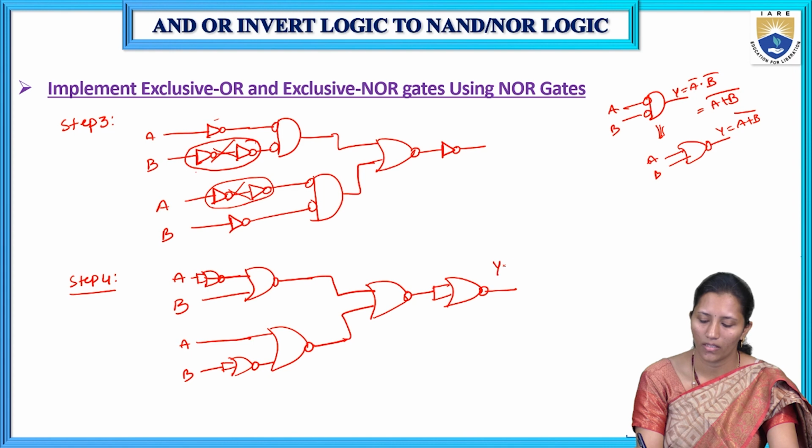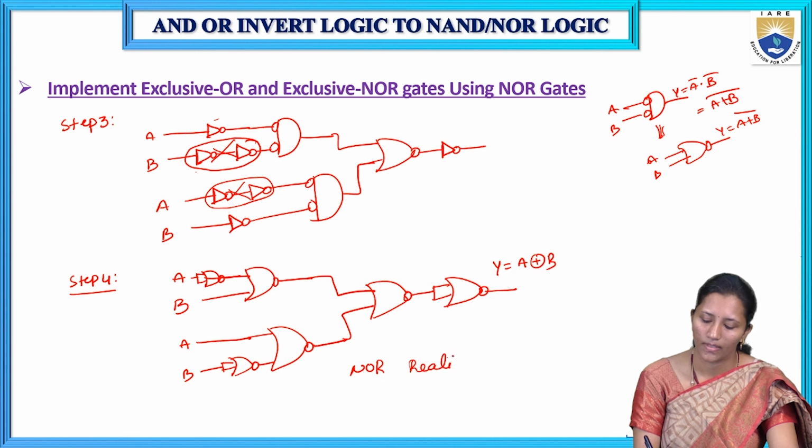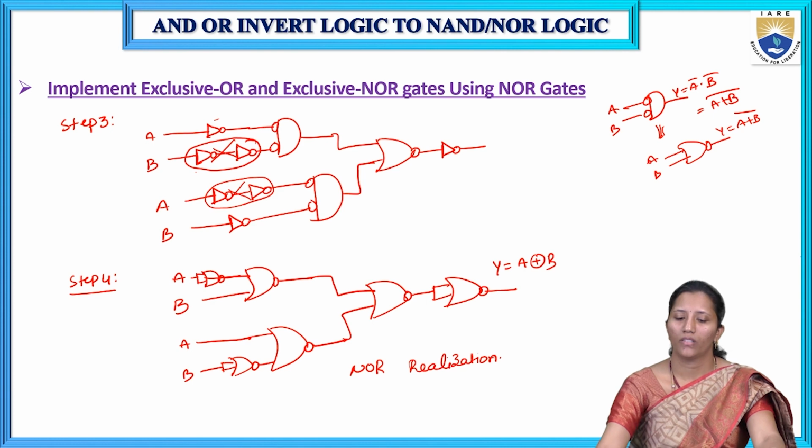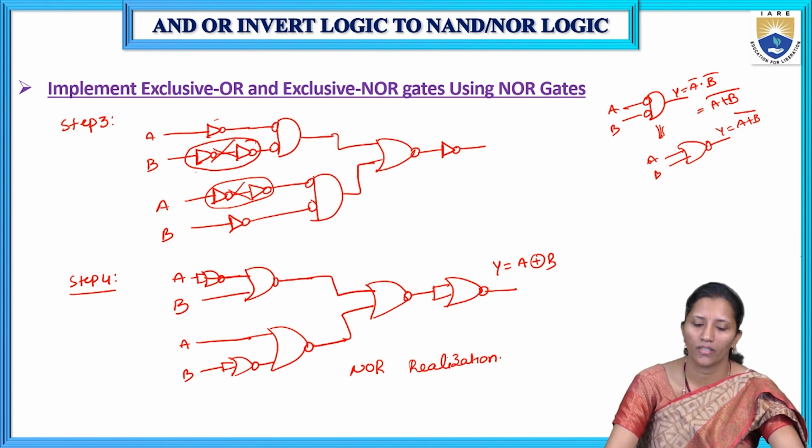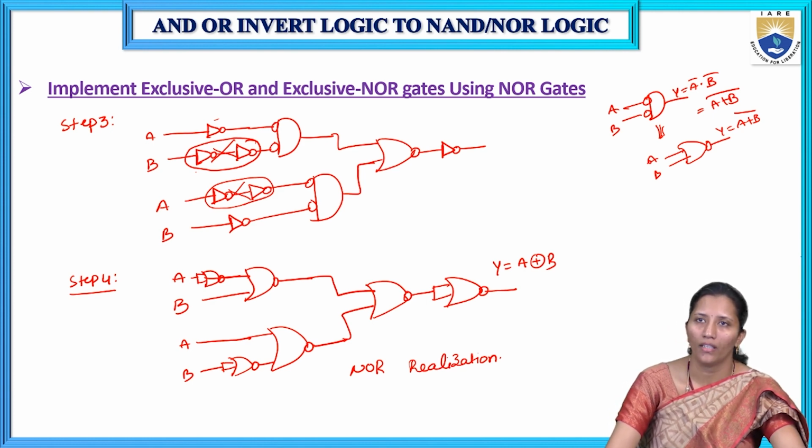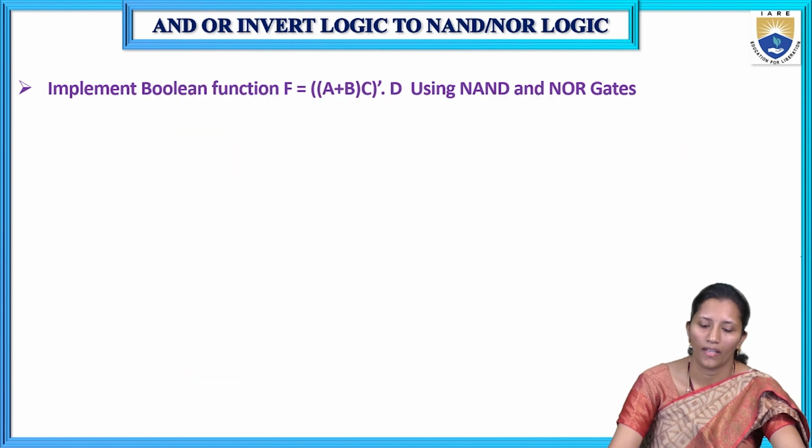So this is Y is equal to A XOR B using NOR realization. So each gate is represented by NOR gate in NOR realization. So this is the procedure for XOR using NAND realization and NOR realization.